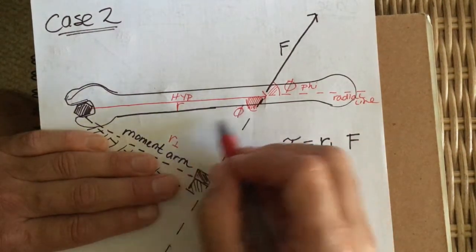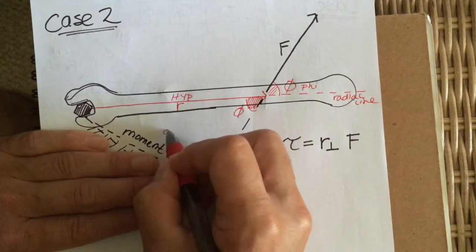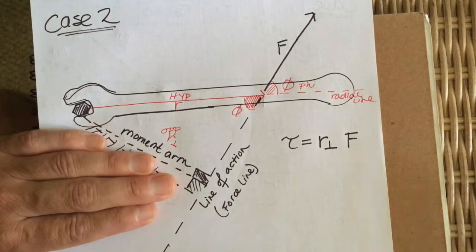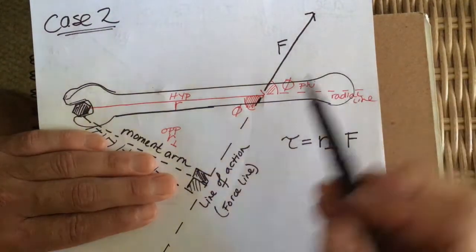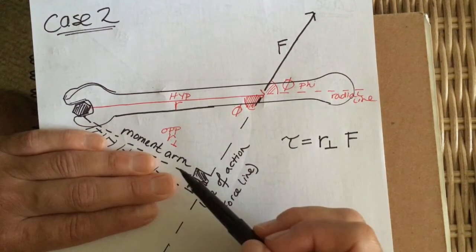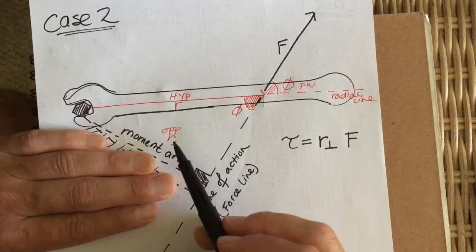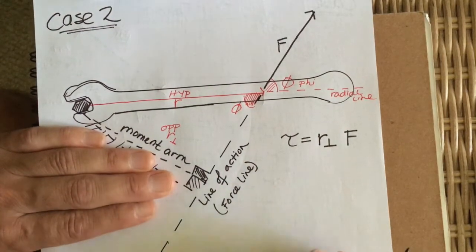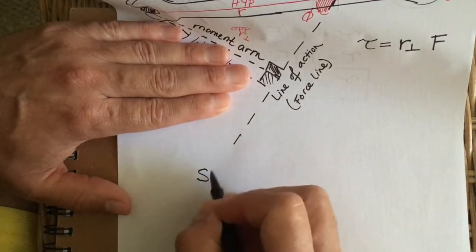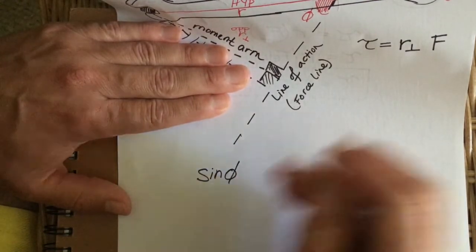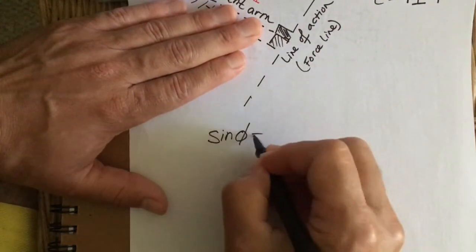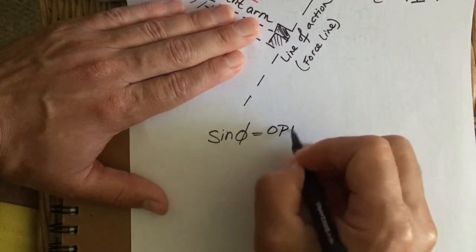That means that R perp is across from phi, so that would make it an opposite. So when you multiply your force, maybe it's 100 newtons, by R perp, whatever this distance is right here, it's an opposite, right? So if I use my formula just like I did last time, sine phi is equal to op over hip.